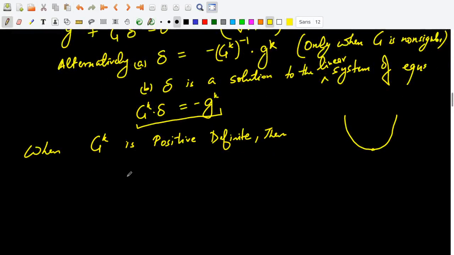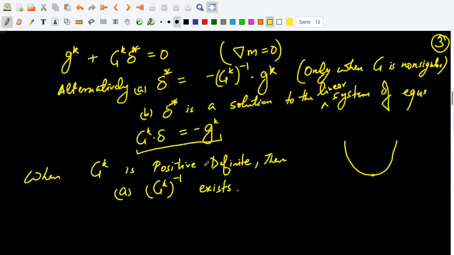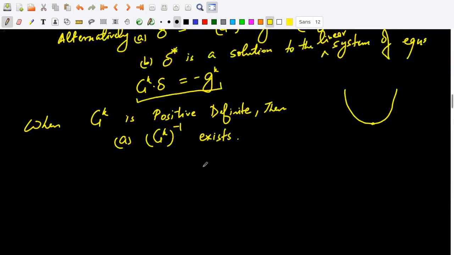Then the inverse of Gk actually exists, so nice, we can find delta star. Whatever the solution is can be used as the step for the next iteration. So let's call it delta star.